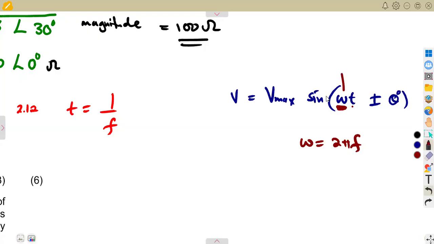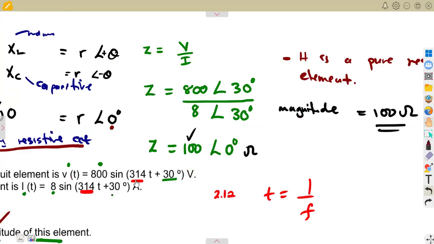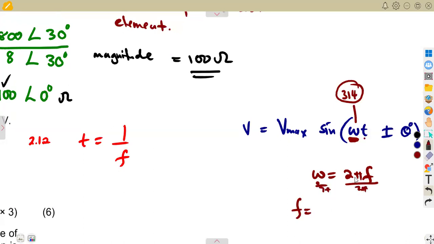The omega, in this case, we are given this omega, the part that is affecting time, 314t, is 314. That's our omega, this one. So if omega is equal to 2 pi f, what about the frequency? Just divide by 2 pi both sides. So you've got the frequency. So frequency is omega over 2 pi.